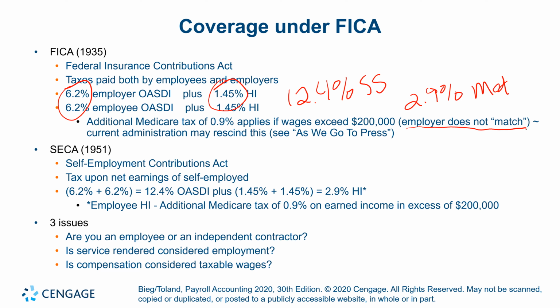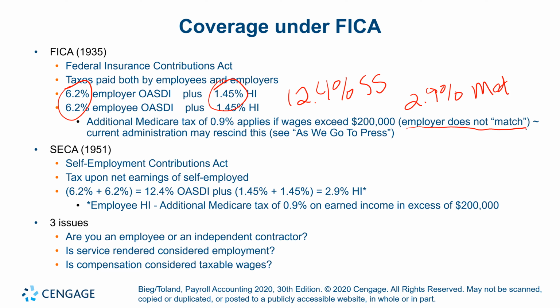And then SECA, the Self-Employment Contributions Act, this was put into place in 1951. It's a tax that has to be paid on the net earnings of self-employed individuals. So again, when we think about FICA, the employer's paying 6.2%, the employee's paying 6.2%, 12.4% is getting paid in.